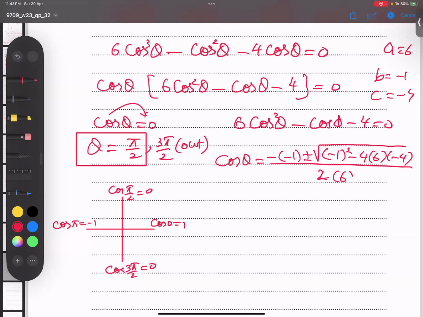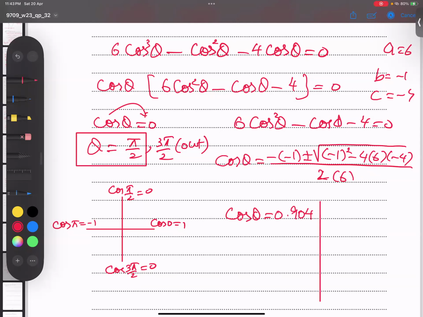No need to show full working, so we can directly get our answers. Okay, hold on. I get 1 plus the root of 1 plus 4 into 6 into 4, and below I have 12. So my first answer is 0.904.